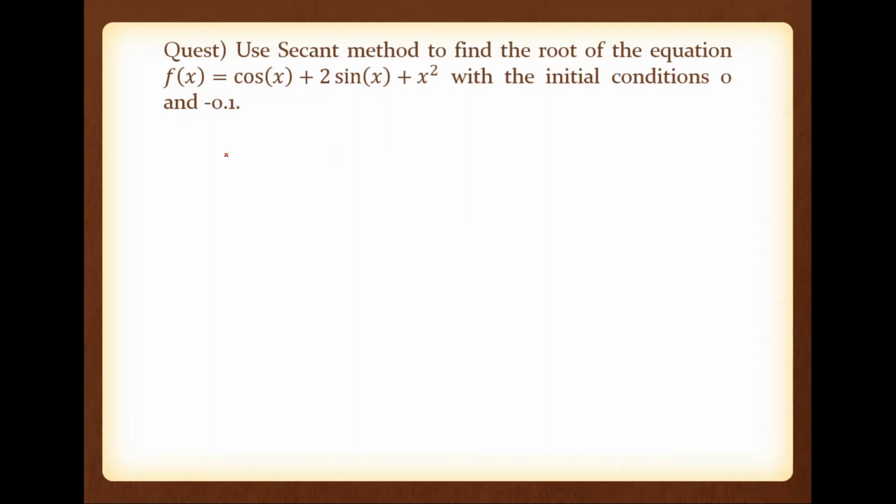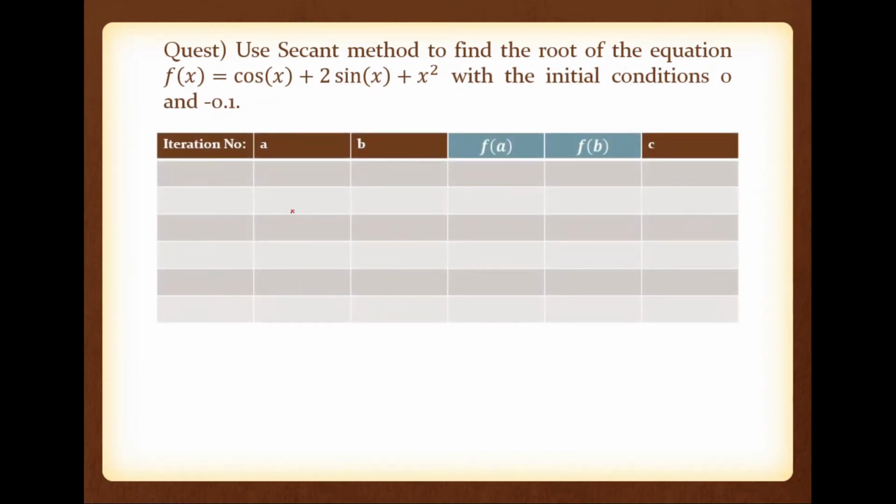So we can start the iteration, but please note, we have to select radians because we are using two trigonometric functions. So the mode must be radians if you are using a calculator. Okay. So we are starting the iteration. This is the table that we are going to use: iteration number, A, B, f of A, f of B, and C. What is C?